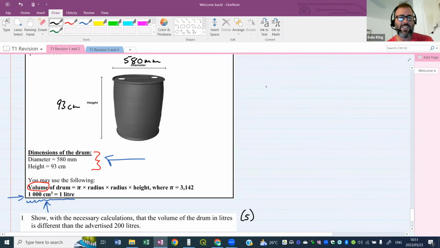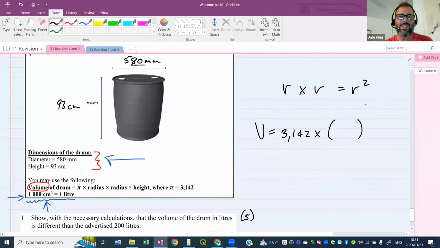All right, here we go. You ready? So we need to work out the volume of the drum. Teacher Dale likes to show everything in one line. So I'm going to say pi is 3.142. We need to times by the radius, which I'm going to do like this, because like we said, radius times radius is radius squared.